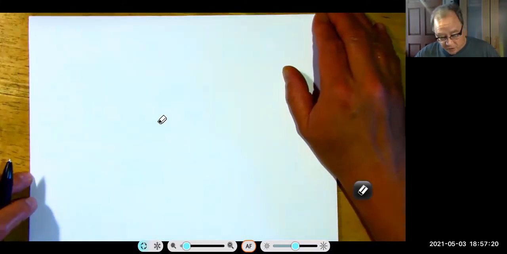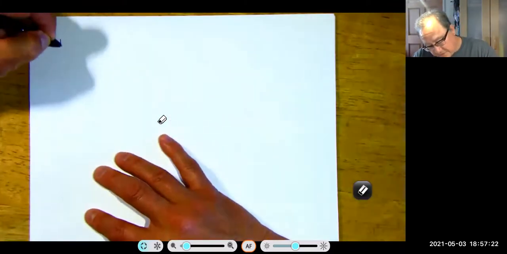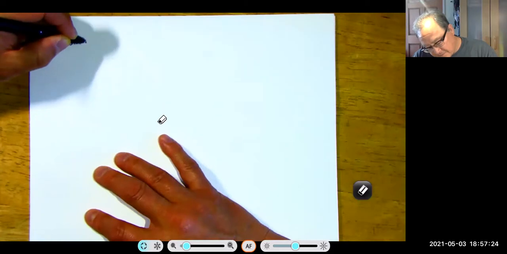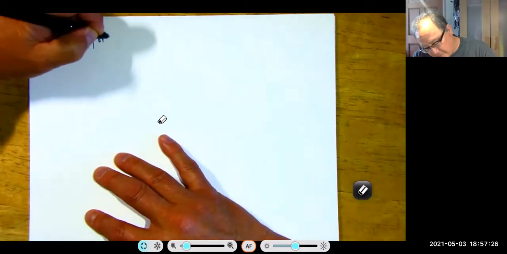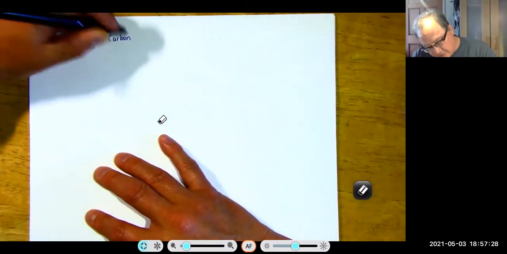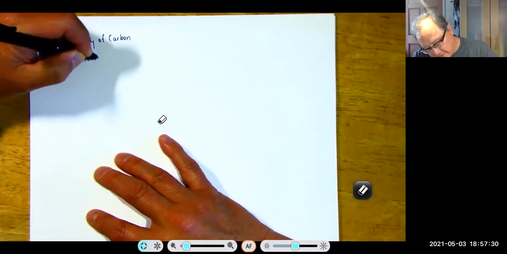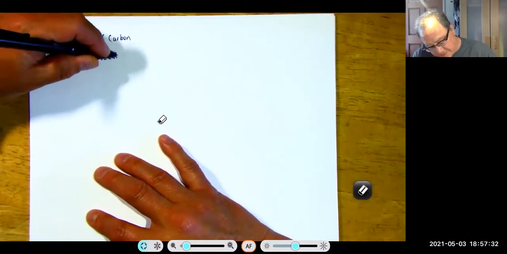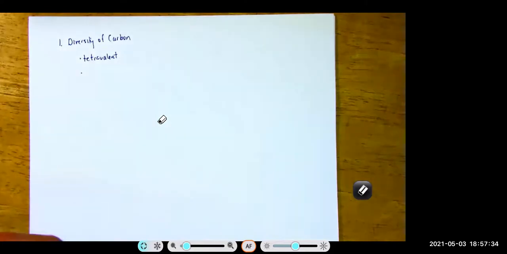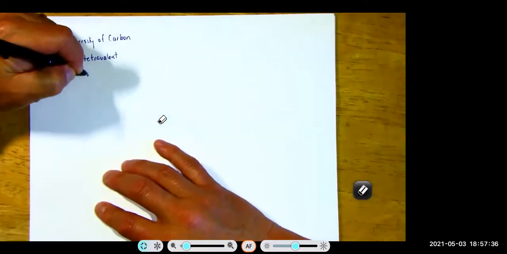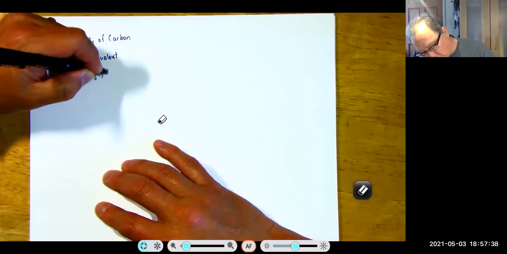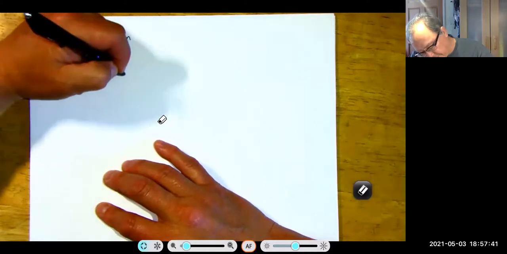So we're looking at the diversity of carbon. Tetravalent. What else can we say about carbon? It can make single, double, or triple bonds.